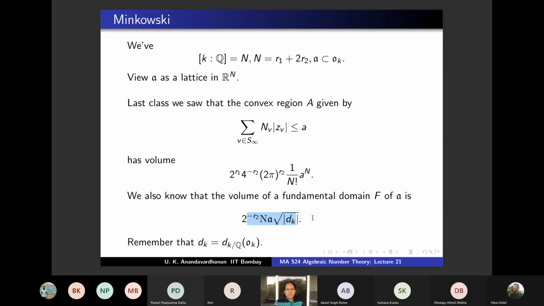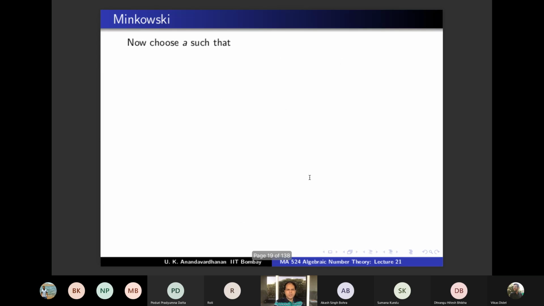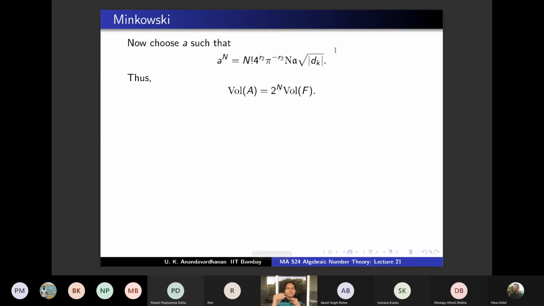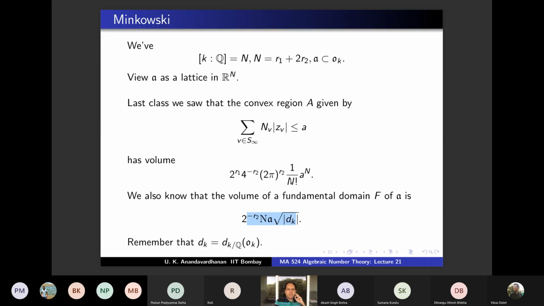So we will choose this a large enough so that that inequality is satisfied. Choose a so that a power n is this much. This depends on A and K, and you choose your small a such that a power n is this much. Because of these two results, this region has this much volume and the volume of a fundamental domain is this.